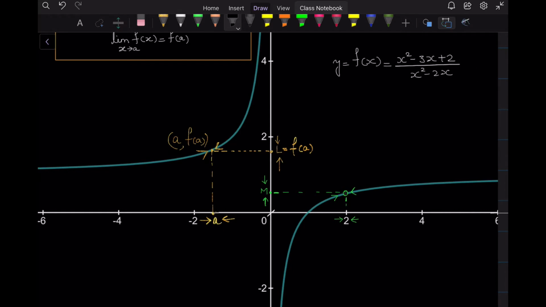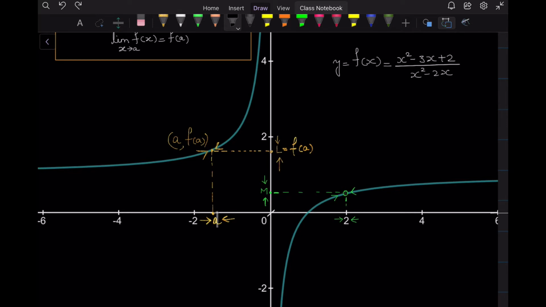Now, determining the limit of a rational function as x approaches a number which is in its domain is exactly the same as determining the limit of a polynomial function as x approaches a, which you can see graphically as well. So let's quickly see that whether x approaches a from the left or from the right, in both cases the values of this rational function approach the same point.